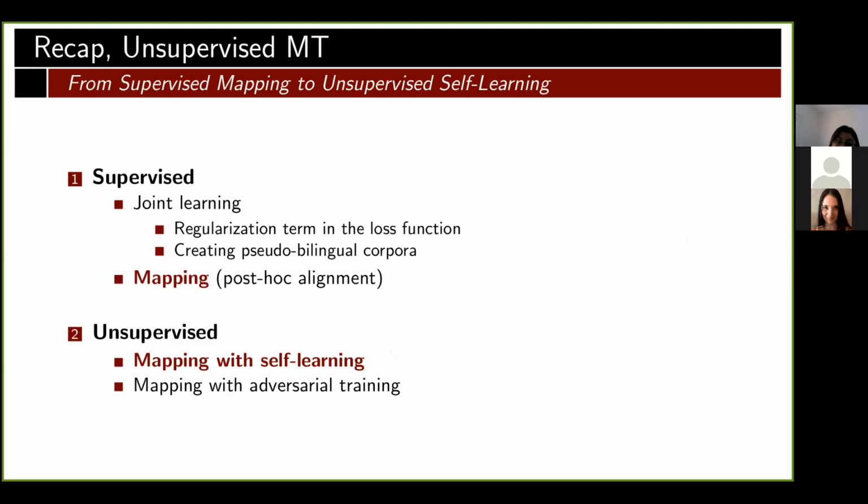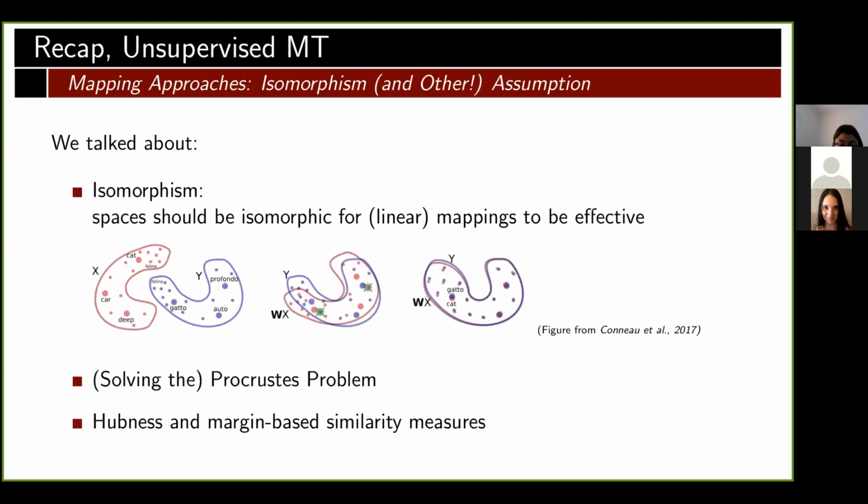And most unsupervised techniques are based on mapping. But the line between mapping in supervised embeddings and unsupervised embeddings is very thin, because you can map embeddings with very small dictionaries. And this is something that at the end is very close to the unsupervised setting.